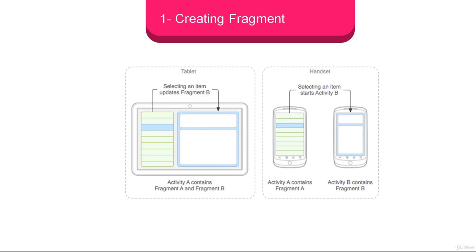So some examples of the design show the right-hand side for phones, but there is not enough space to show two fragments on one phone screen. So two different fragments are located inside two different activities. When a user selects an article from a list, the new activity opens and the article content is shown inside the fragment. You can see many advantages of fragments for the user experience in different applications.